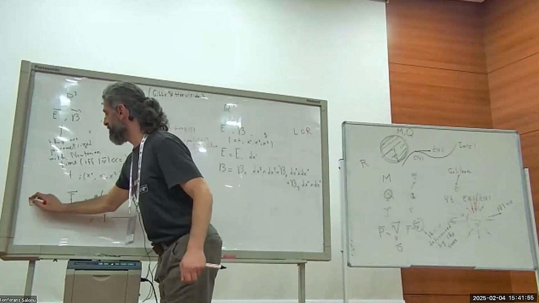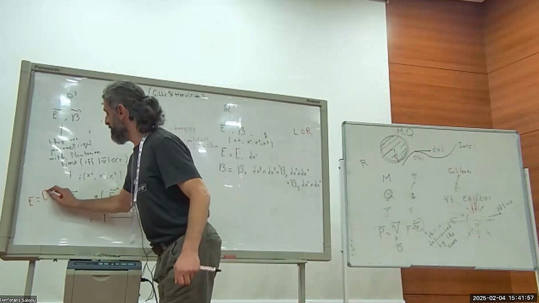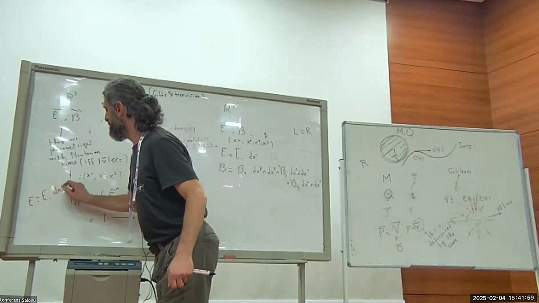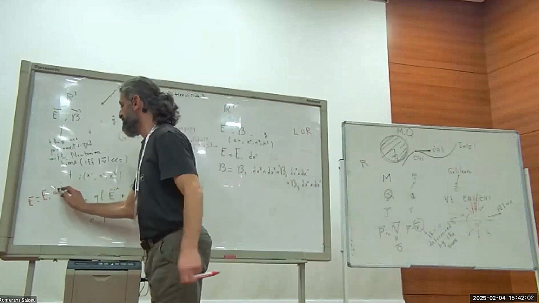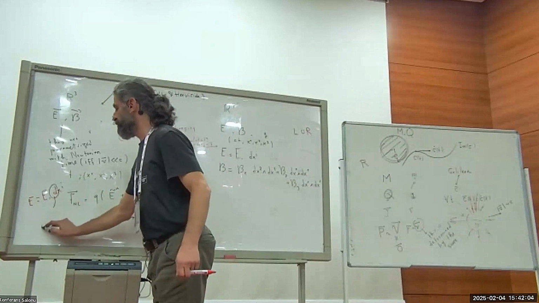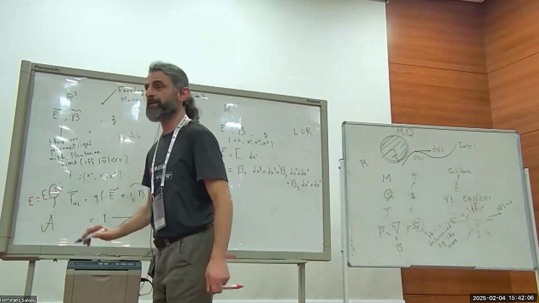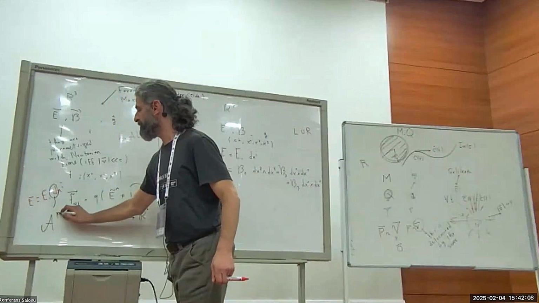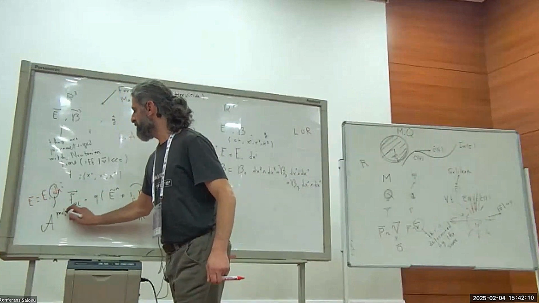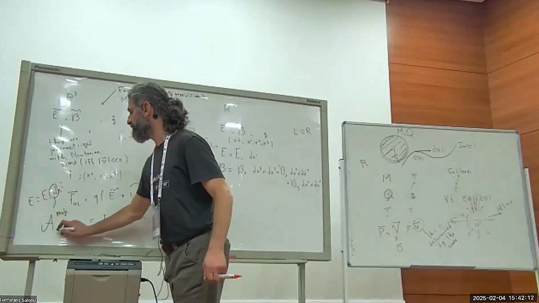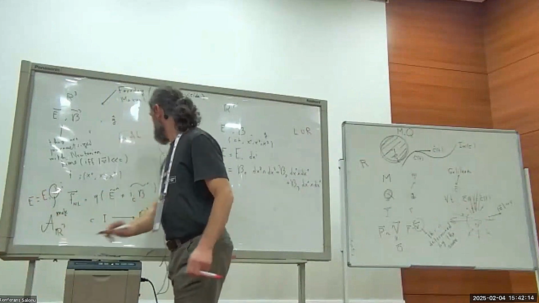Here it was A, AI, AXI. But this D belongs to the differential structure of R3, maximal atlas of R3.